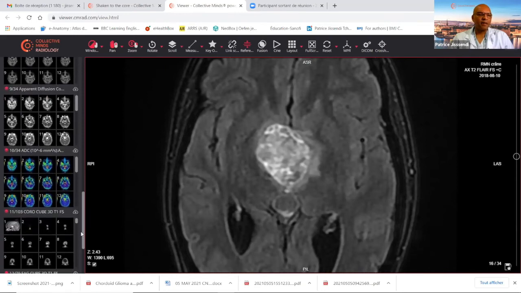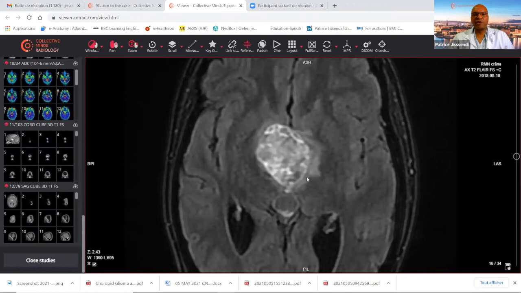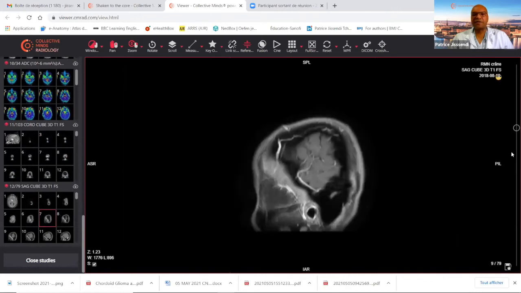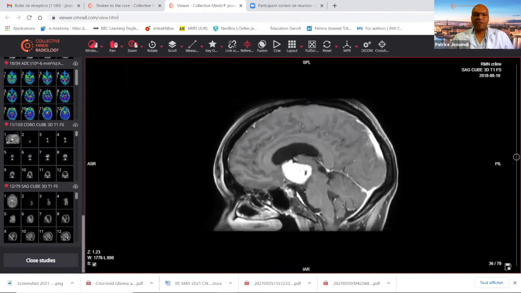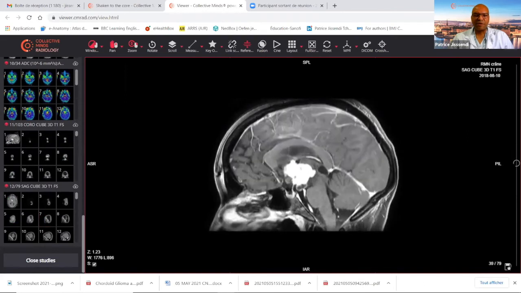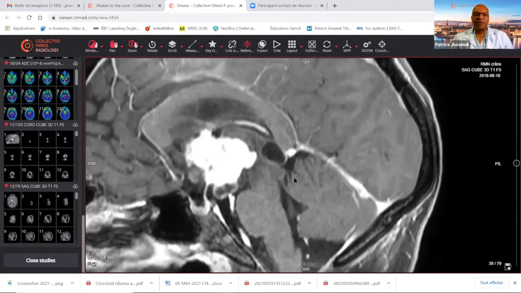And another thing is, if you look at the sagittal T1 gad, you can see that the pituitary stalk is there, the diaphragm is respected, and the suprasellar cistern is also free.